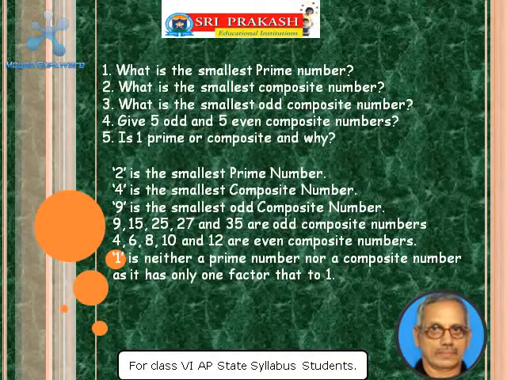Composite number means it should have more than 2 factors. 1 is neither a prime number nor a composite number. 2 is a prime number because it has only 2 factors, 1 and 2. 3 is also a prime number because it has only 2 factors, 1 and 3. 4 has 3 factors. What are those 3? 1, 2 and 4. So 4 is the smallest composite number.